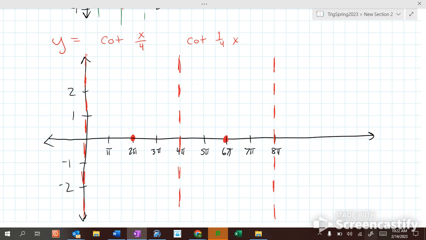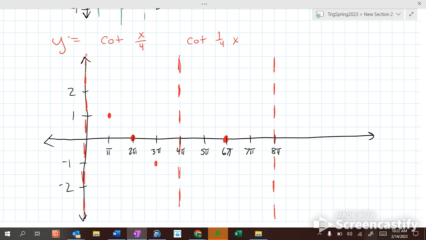Now, cotangent has what type of a slope? Negative. Okay, so I should be going down. So halfway in between here and here, where should I be at? I should be at 1. And halfway in between 2 pi and 4 pi, where should I be?